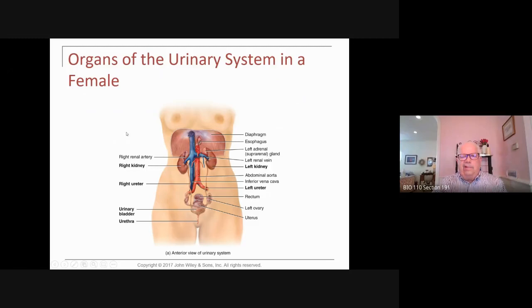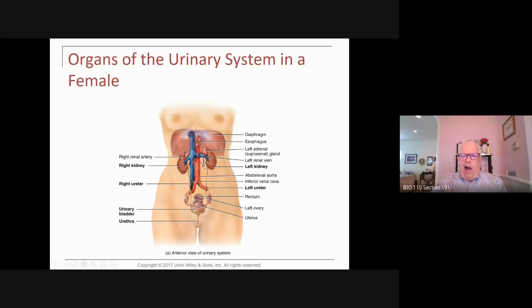Okay, here is the basic anatomy of the urinary system. You have two kidneys, a right one and a left one. They're supplied by the renal artery and the renal vein. The renal artery is an offshoot of the aorta, and the renal vein is an offshoot of the inferior vena cava.